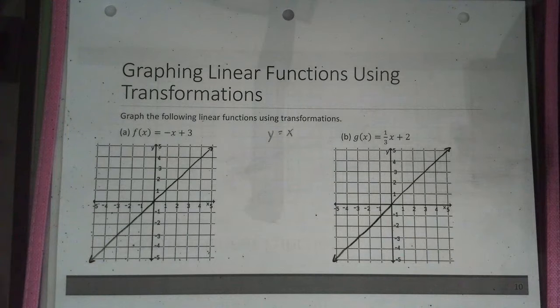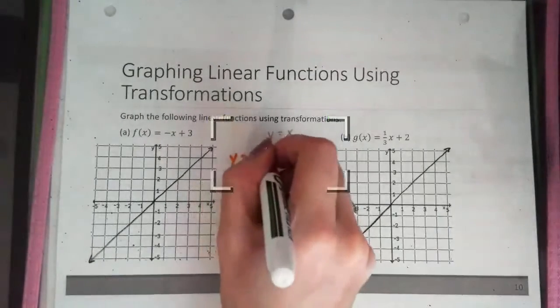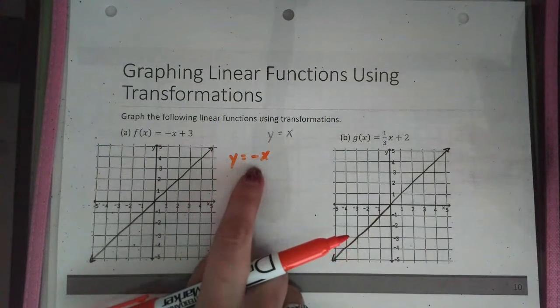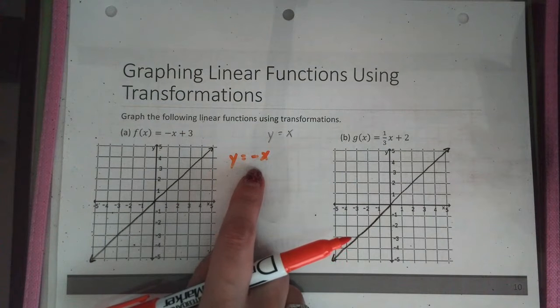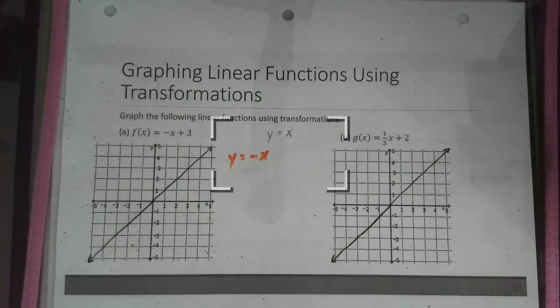So let's start with f of x equals negative x plus 3. If I were to graph y equals negative x, then I'm a step in the right direction. This is a reflection. It could either be thought of as a vertical reflection or a horizontal reflection. We can't tell if the negative is quote-unquote outside of the whole function or quote-unquote in front of the x.